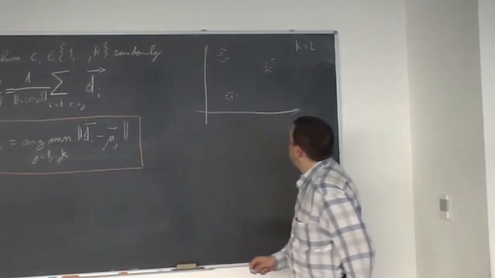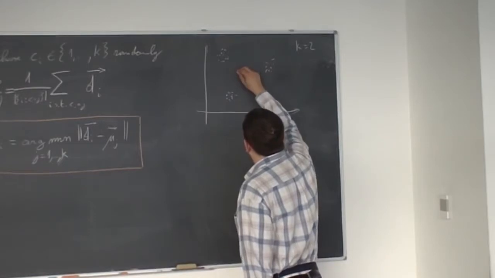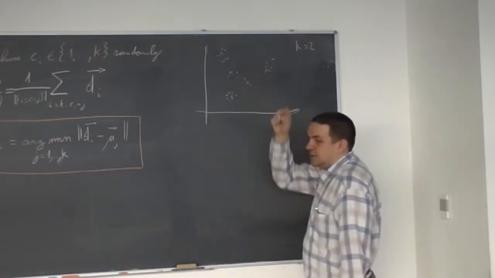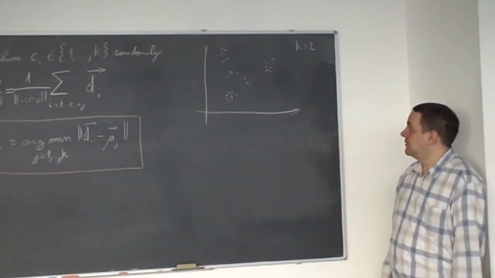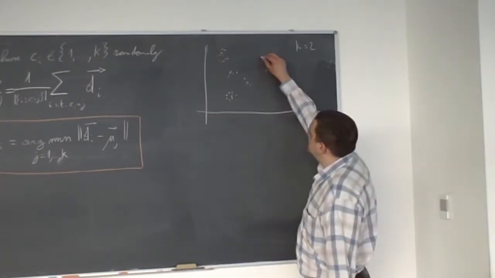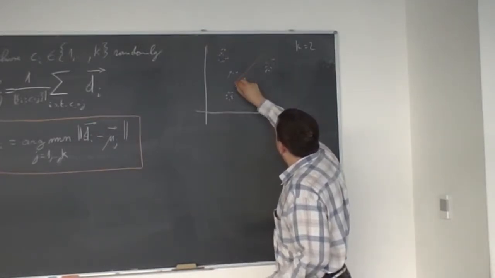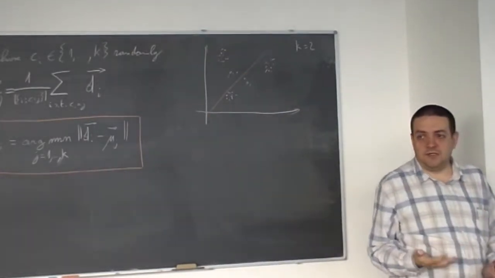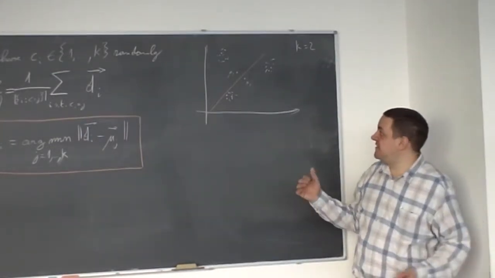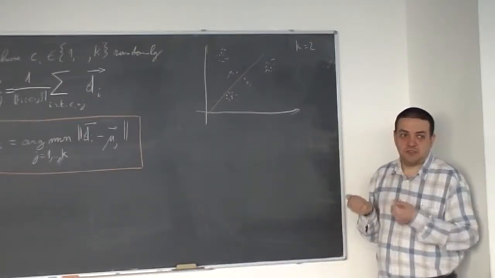Suppose that the initial positions of the 2 class representatives, mu1 and mu2, were these. What actually happens is that in this case, the Voronoi diagram will be just a bisection of the space. So everything that is on one side will attract mu1, and everything that is on the other side will attract mu2.